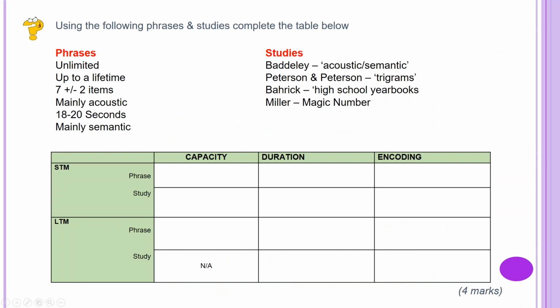Okay then, so for short-term memory, the phrase: 7 plus or minus 2 for capacity, duration 18 to 30 seconds, encoding mainly acoustic. The study: Miller's magic number for capacity, Peterson and Peterson's trigrams for duration, Baddeley's acoustic and semantic study for encoding. Long-term memory: unlimited capacity, duration up to a lifetime, encoding mainly semantic.